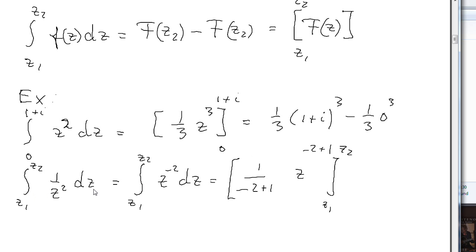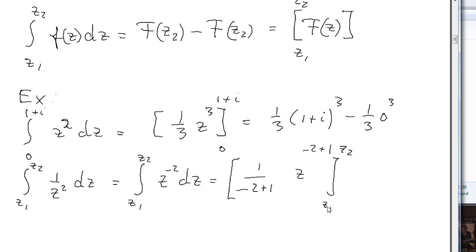Another example is the following. We are going from z1 to z2, and the integrand is 1 over z squared. And we can find the antiderivative of this function as well, using this formula for the antiderivative of a polynomial.